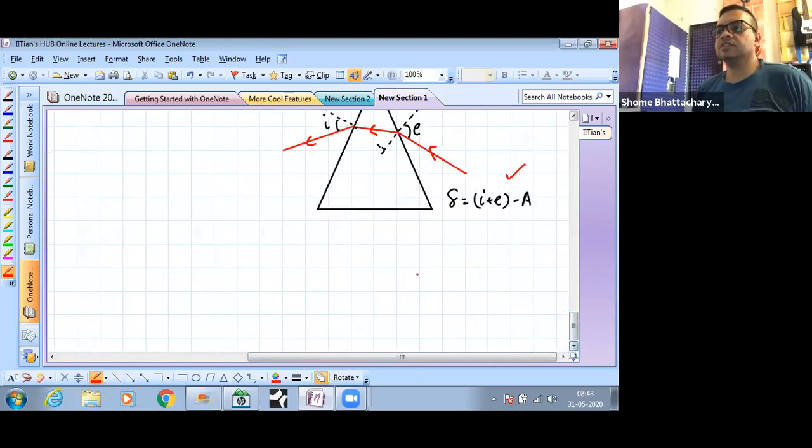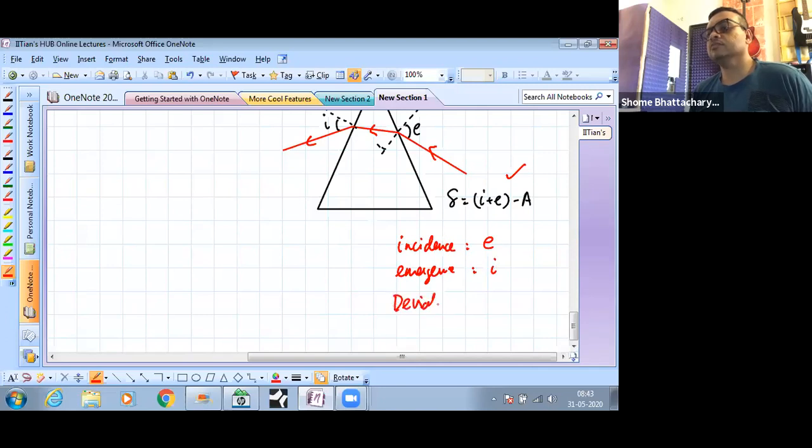Here the angle of incidence is actually equal to E, and the angle of emergence is actually equal to I. But the deviation delta is the same as in the first case, as are these two angles, R1 and R2. This will remain R2, and this angle will remain R1, same as it was over there.